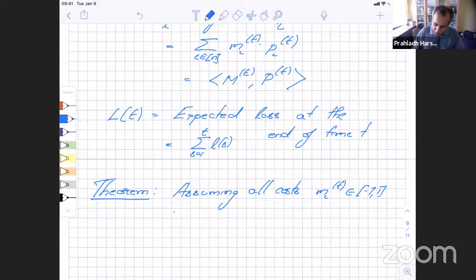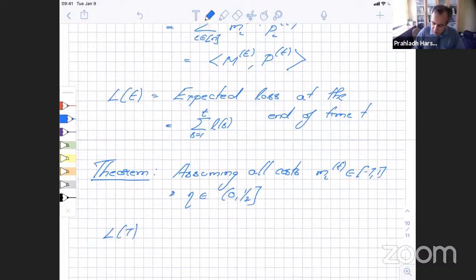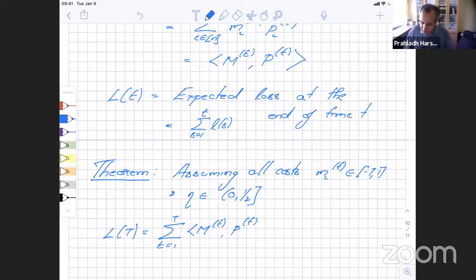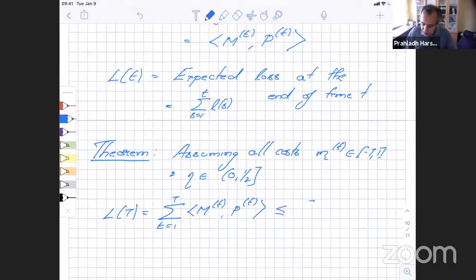We'll show that L of t. What is L of t? L of t, remember, is just the sum over s going from 1 to t of the inner product of MS against PS. This is less than or equal to the loss of any particular expert, the sum over s from 1 to t of MIS.